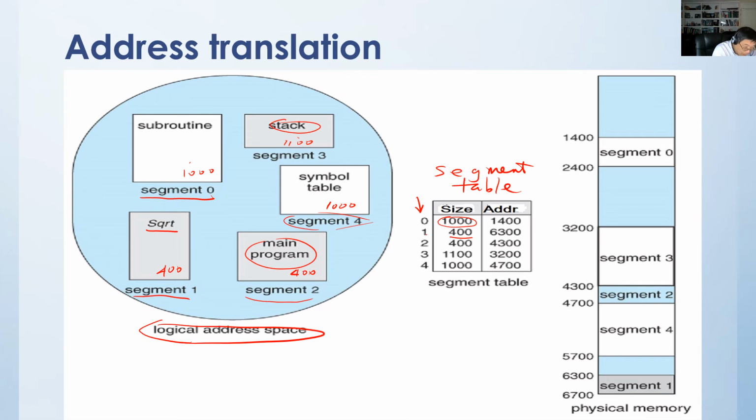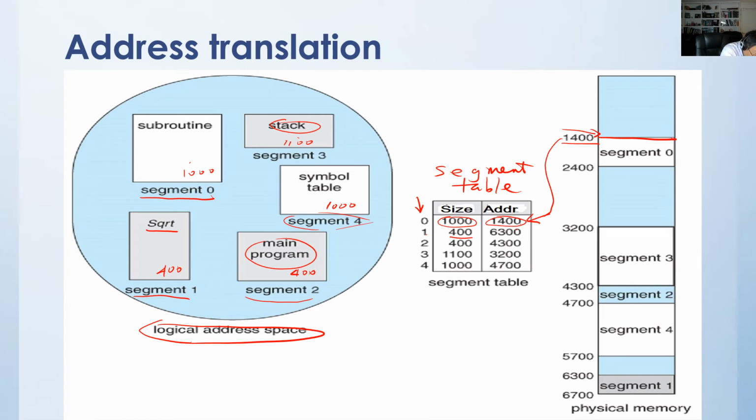Now, once I allocate the memory location, then I have a starting address, SA. So for example, it's 1400. So in the physical memory, basically this segment 0 is allocated to the starting physical address 1400.